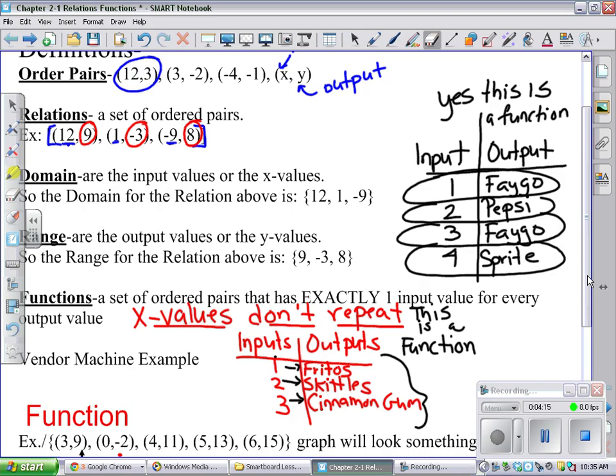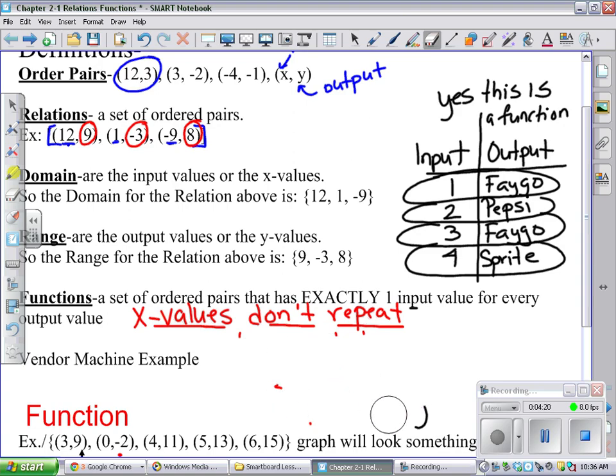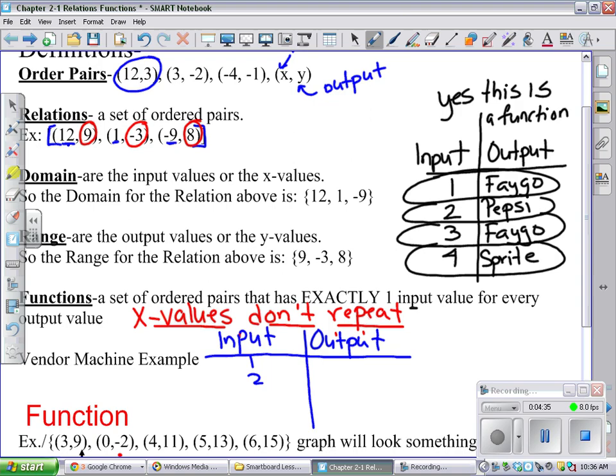So if we look at a different example, if I put in 1, I get out a Faygo. If I put in 2, I get out Sprite.